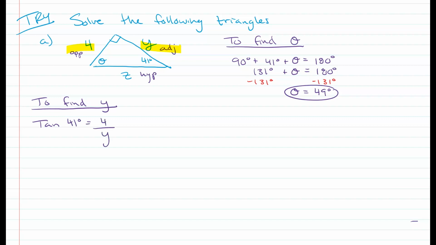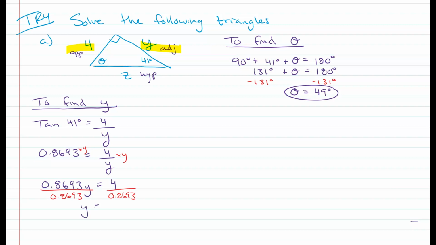Adjacent and opposite uses tangent. And then I'm going to clear the fraction. And divide by the coefficient in front of my variable. And y equals 4.6.